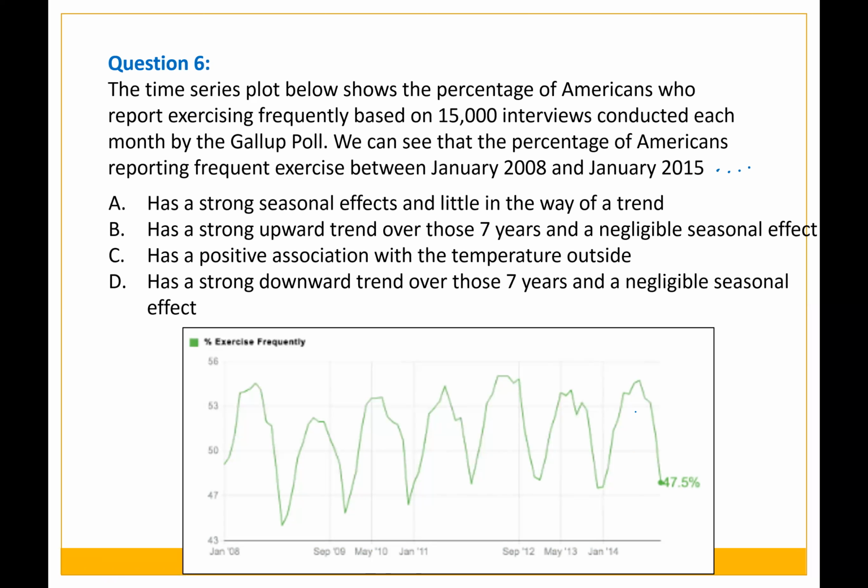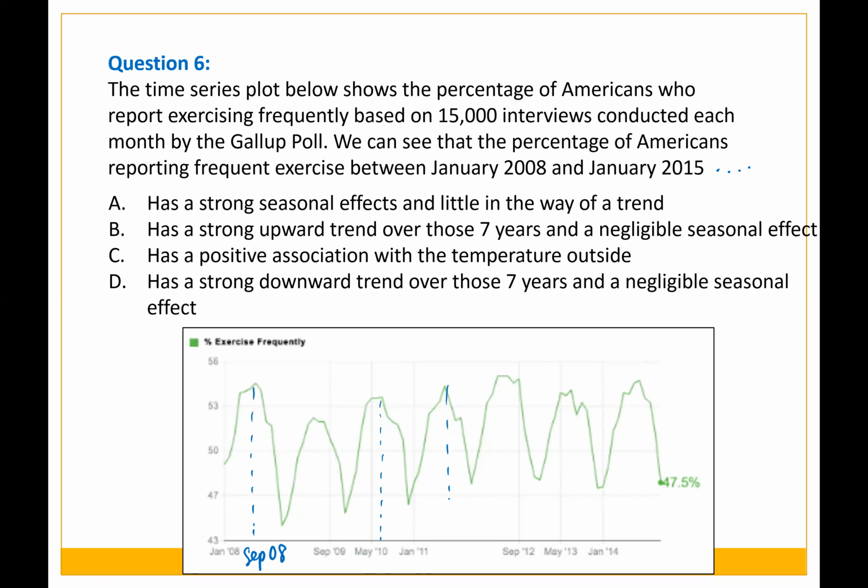It looks like a sine function, going up and down many times. So I feel like it has a strong seasonal effect, because you see that it keeps repeating at a certain period of the year. Say here, you can guess that this part is September 8th, and a few more months later, there's another September.